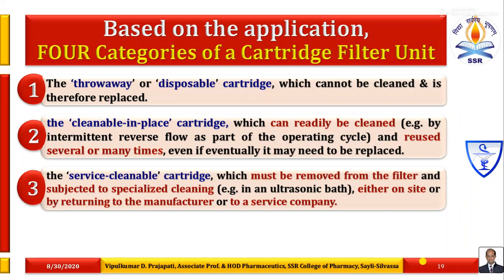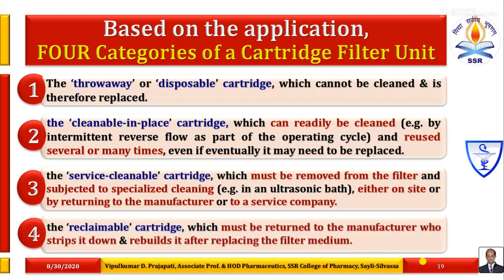The fourth one is known as the reclaimable cartridge, which must be returned to the manufacturer, who strips it down and rebuilds it after replacing the filter medium. So these are the 4 categories of cartridge filter unit based on the application.